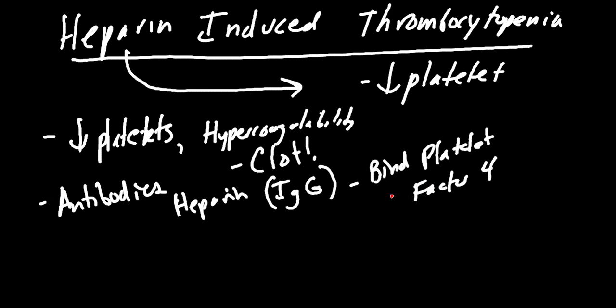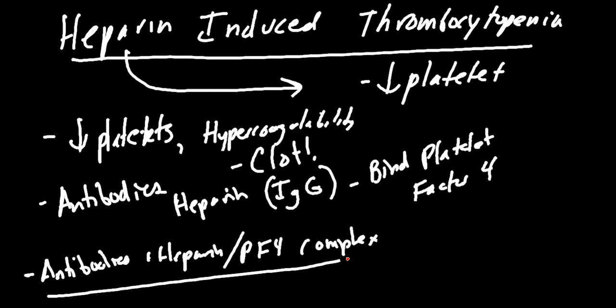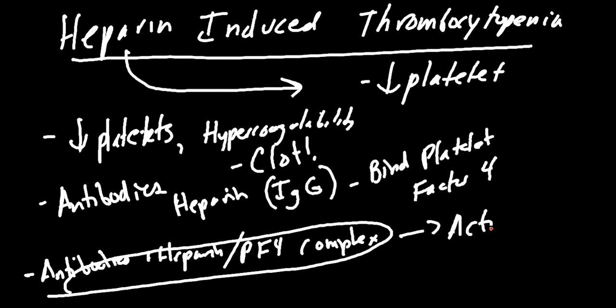So we have this platelet factor 4, antibodies plus this heparin platelet factor 4 complex. So we have this massive complex that's made of antibodies, heparin, and platelet factor 4. These are going to activate platelets.